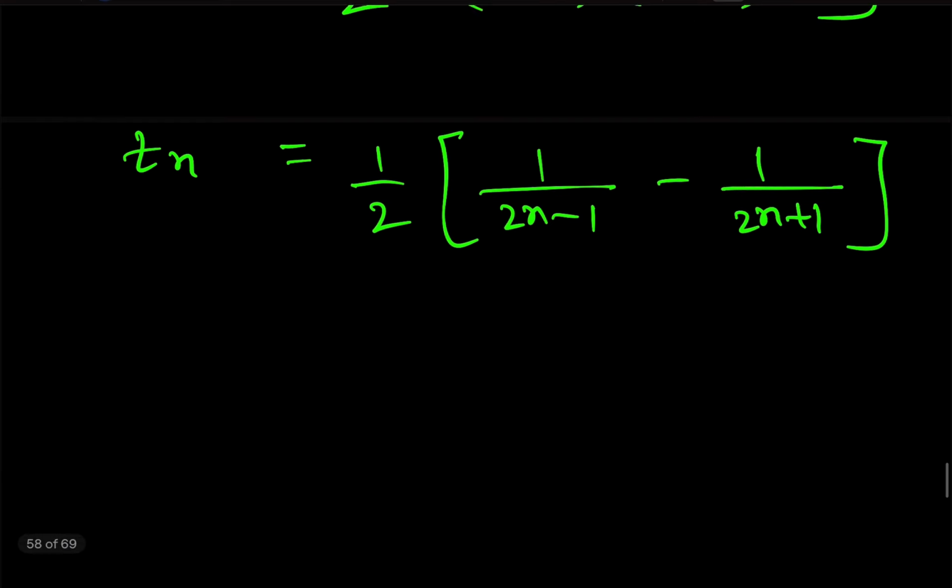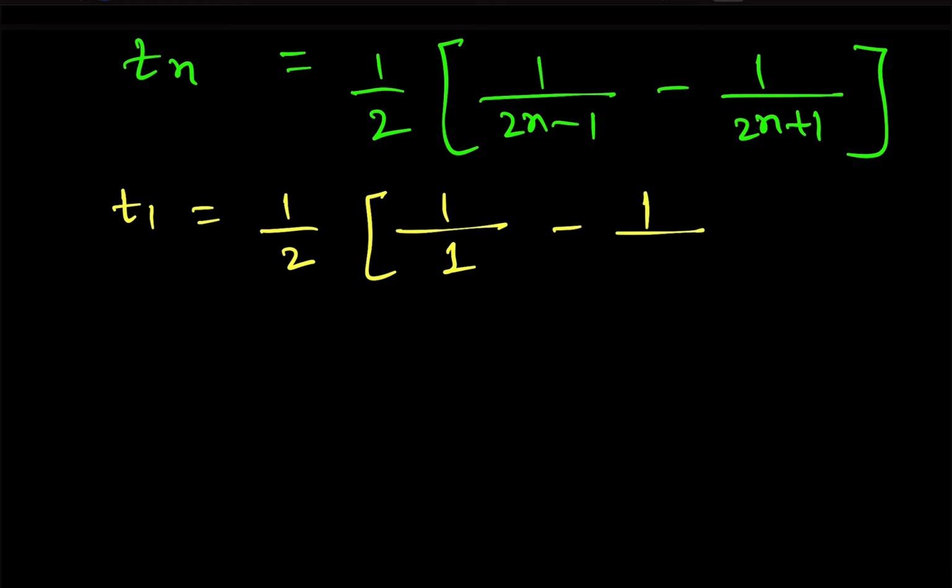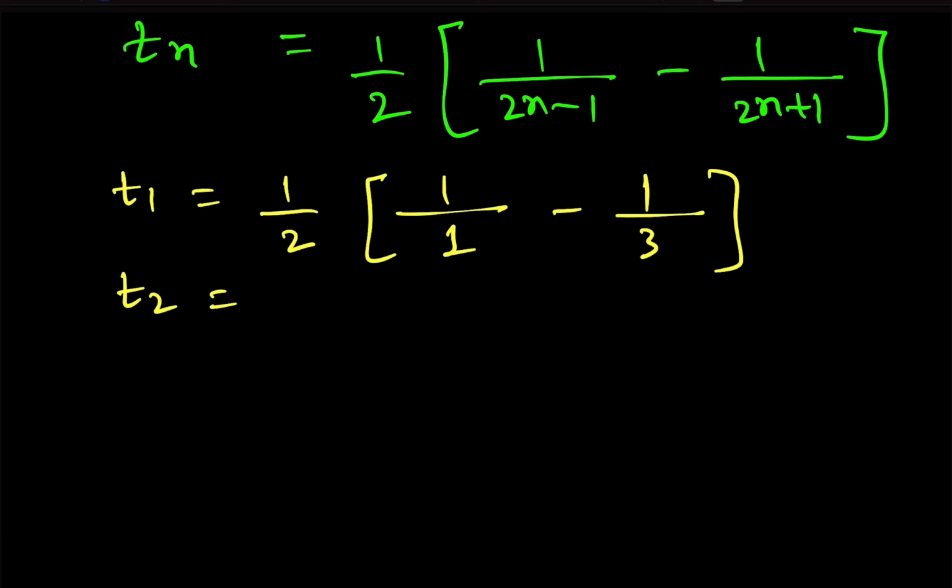So now suppose we write t1: t1 is 1 by 2 into 1 minus 1 by 3. Similarly, t2 is 1 by 2 into 1 by 3 minus 1 by 5.